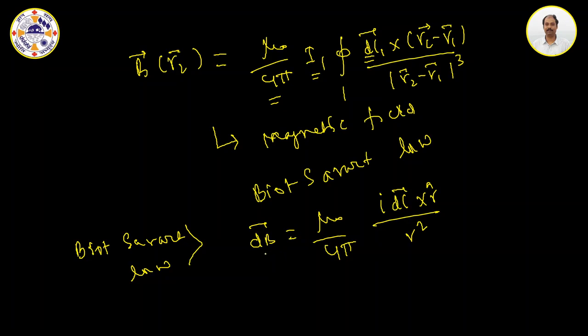Think of dB as the differential magnetic field, that is the magnetic field due to just I1 dl1, the current element.